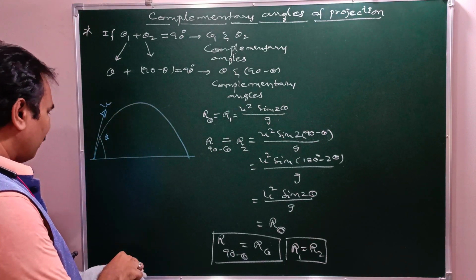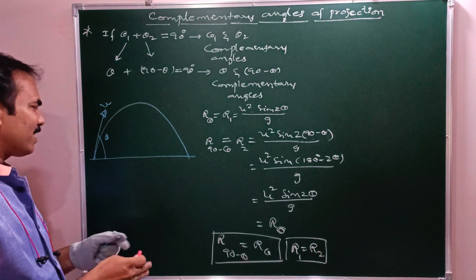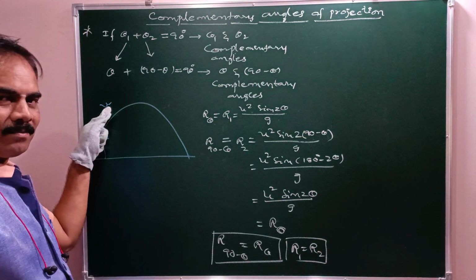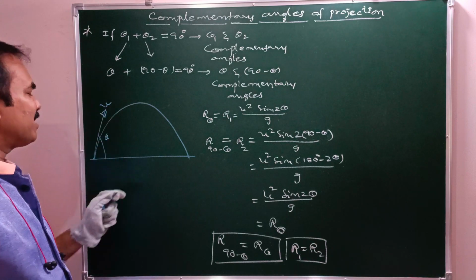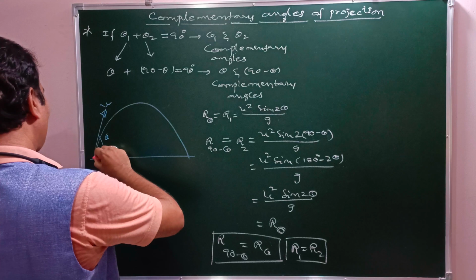Now at the same place, the body is again projected with the same speed but at an angle 90 minus theta with the horizontal, like that.